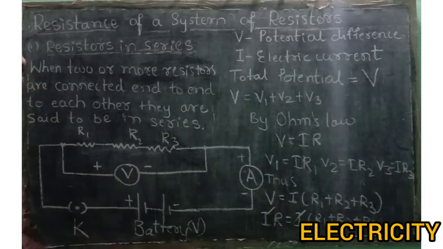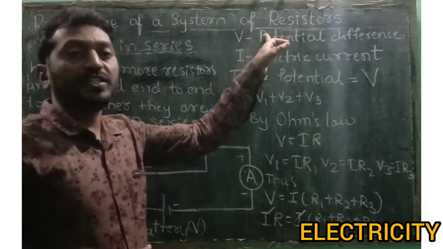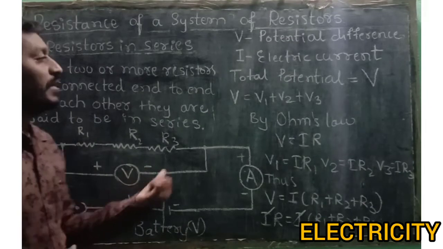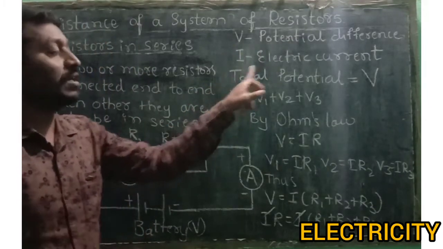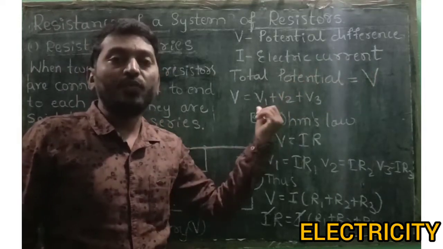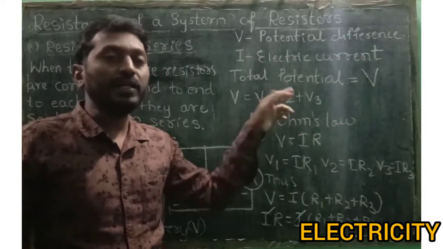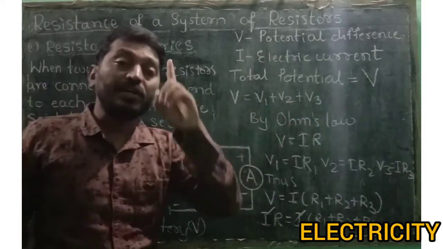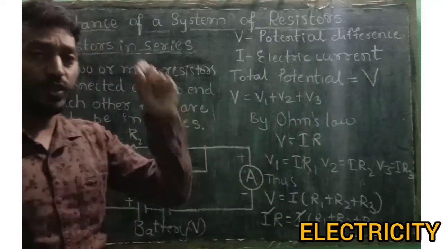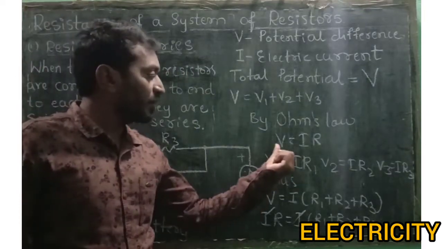Here V is the potential difference and I is the electric current, and the total potential V equals V1 plus V2 plus V3, right? According to Ohm's law, V equals IR.